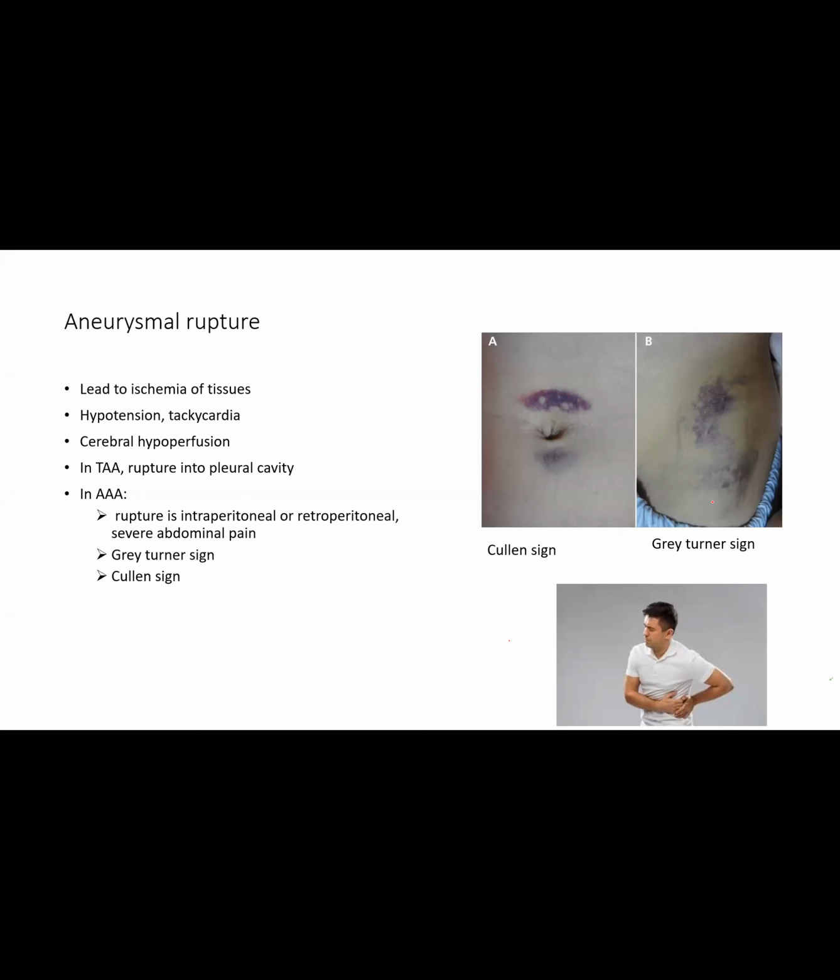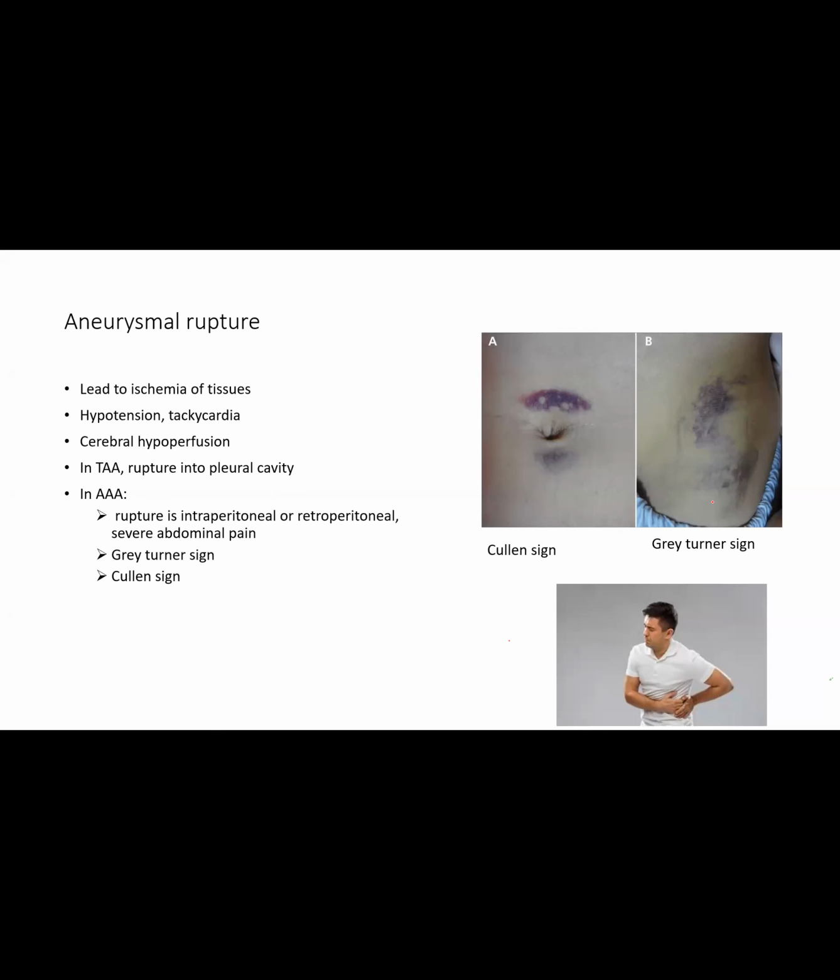Ecchymosis basically means bruise, which is caused by blood leaking from the broken or ruptured blood vessel in the tissues of the skin. This is secondary to blood dissecting between the fascial planes and the retroperitoneum. The bruising appears purple or blue in discoloration, and it's usually seen in patients, as I mentioned, in pancreatitis as well.